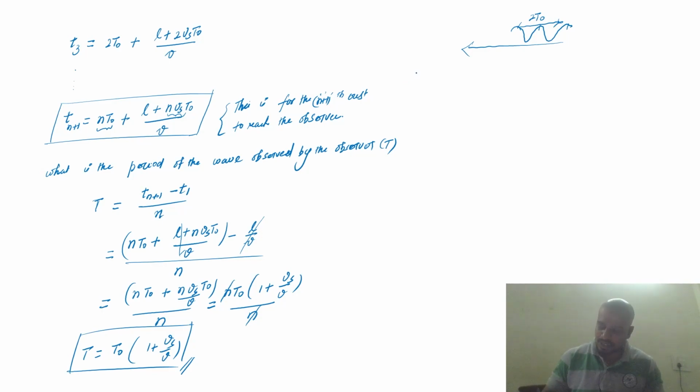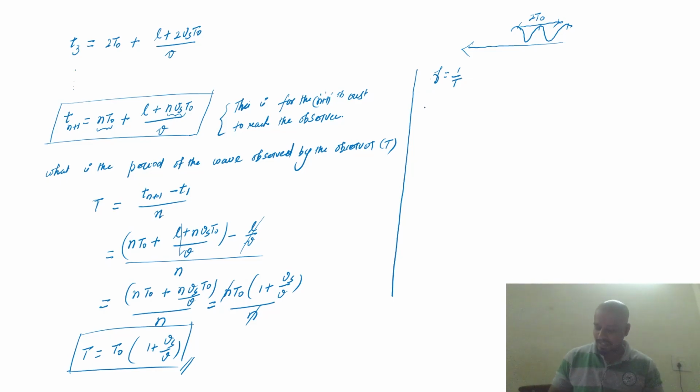Now we can ask the question, what is the measured frequency? Because we gave the definition for the Doppler effect in terms of frequency. So what is the observed frequency? Already we know the frequency is equal to 1 by the period.